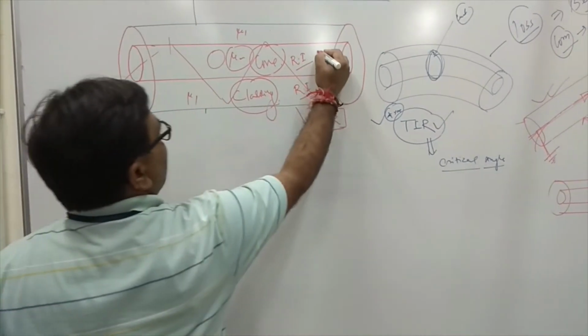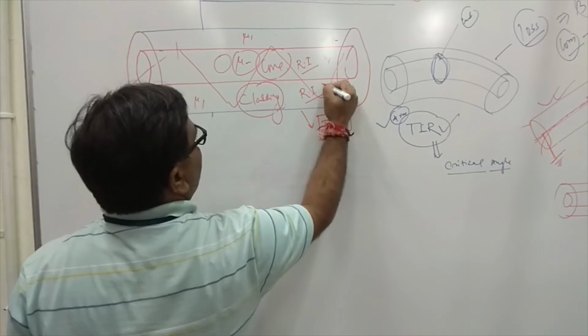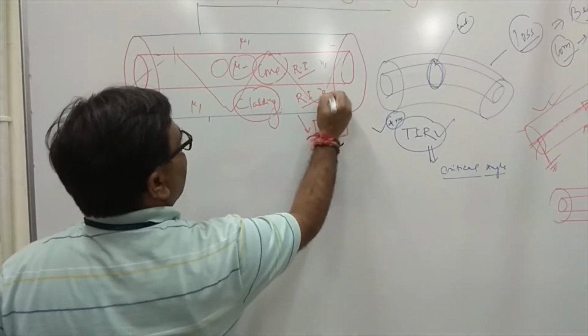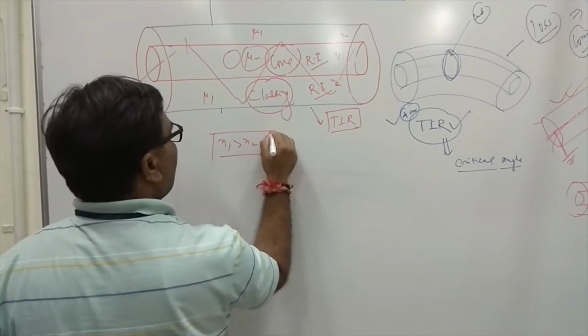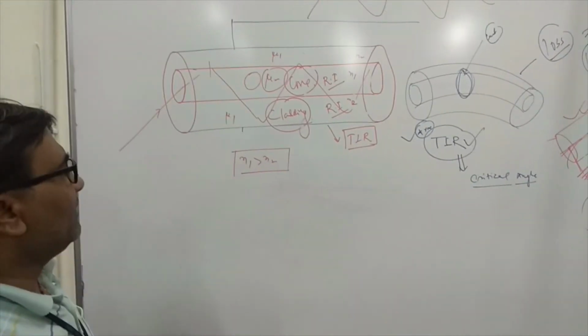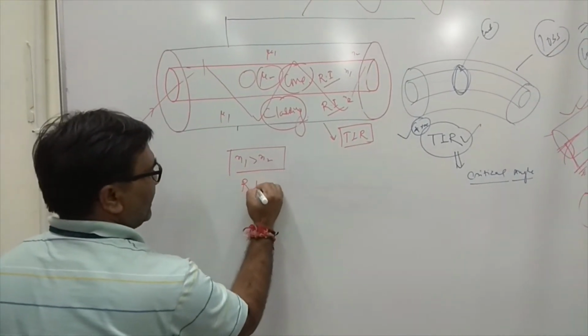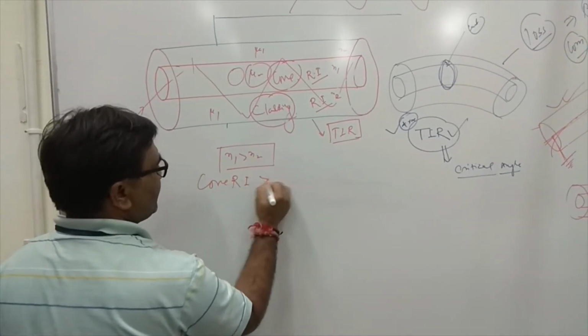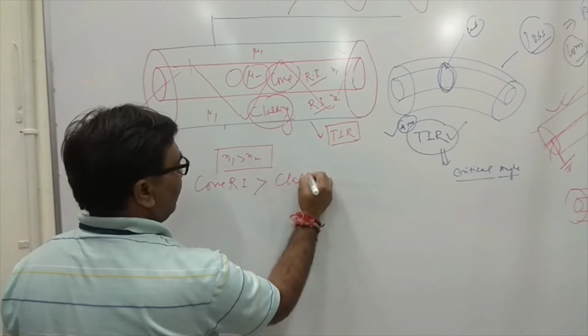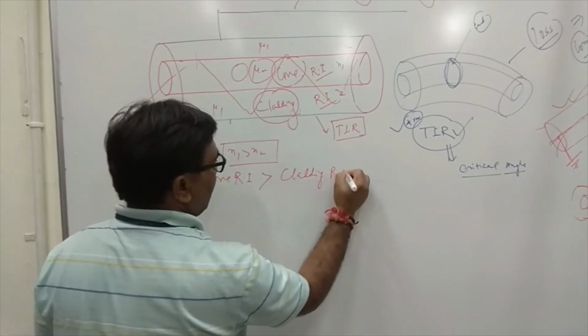Sometimes we assume this is n1 and this is n2. So the first condition is that the core refractive index is greater than the cladding refractive index.